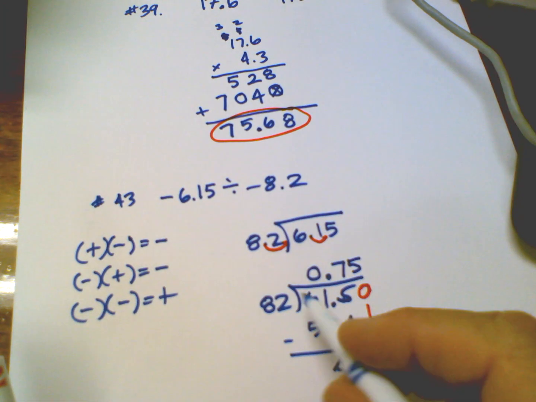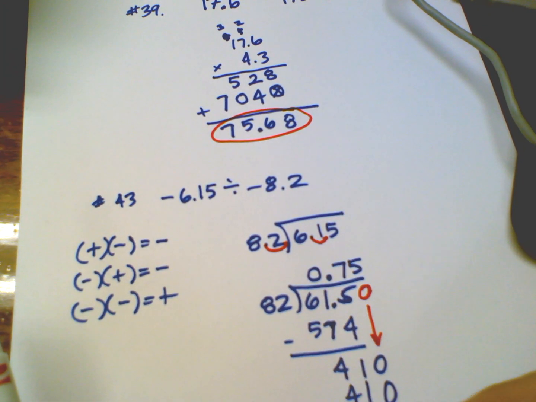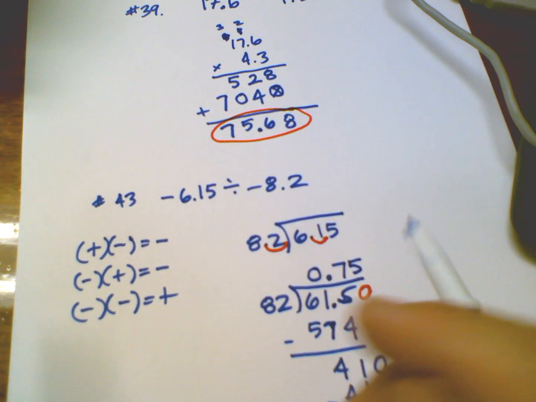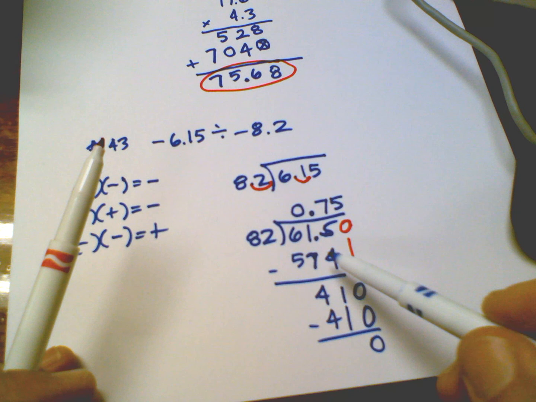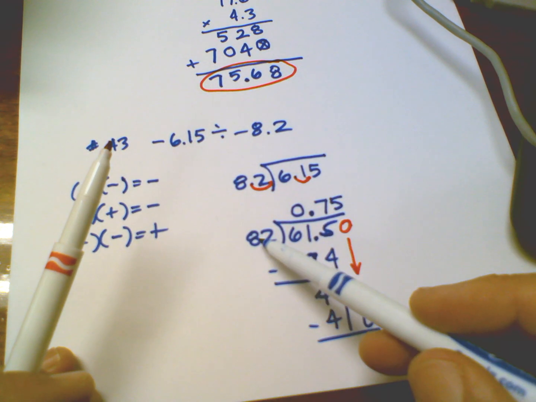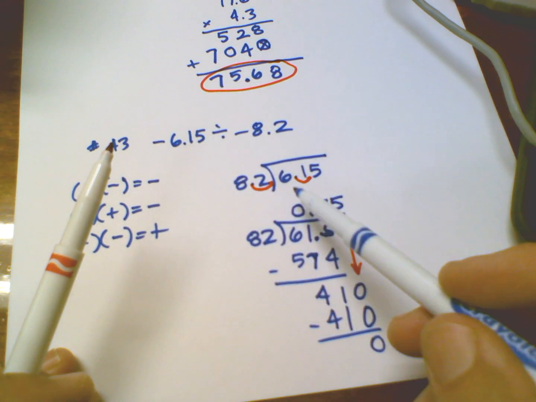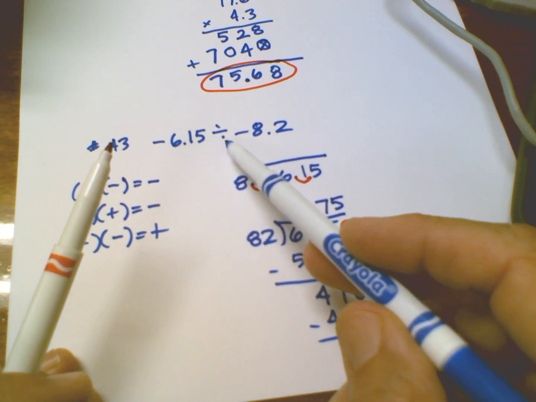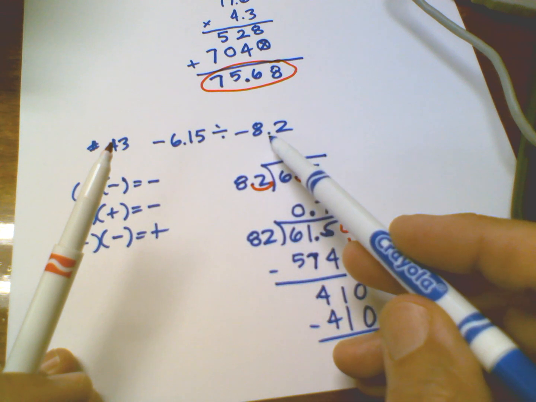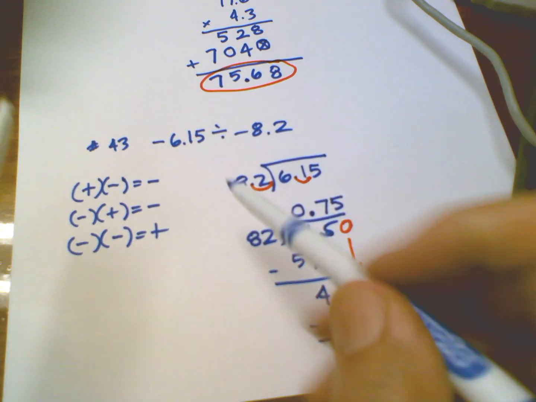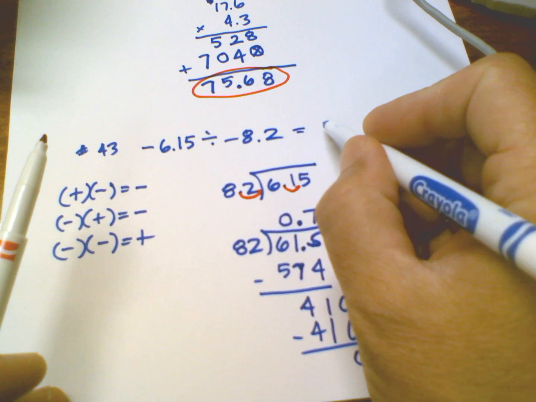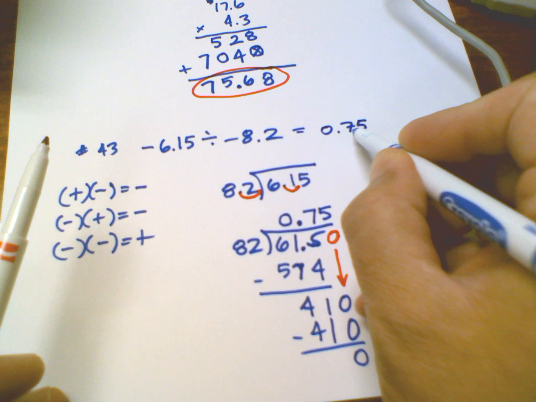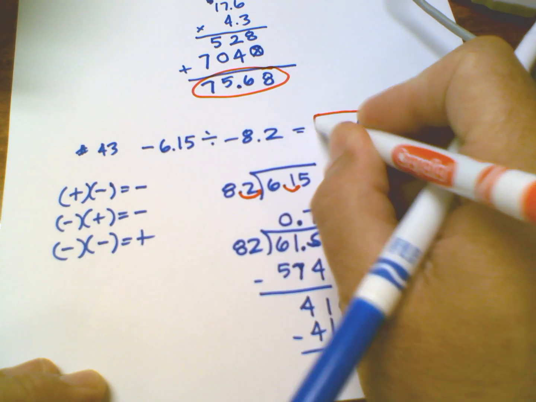Sure enough, it is 5 times. And I subtract, and now I'm good. So my final answer here is that negative 6 15/100 divided by negative 8 2/10 is equal to 75 hundredths, okay, 0.75. And that's my answer for this one.